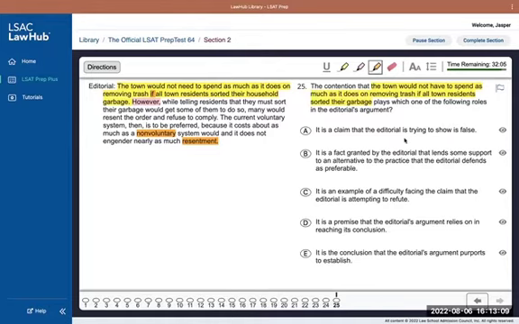No, they're not actually trying to say that it's false, that if everybody did this, then the town would spend less money. They're just saying that we can't force everybody to do it. Some people will refuse to do it if we tell them to. B, it's a fact granted by the editorial that lends some support to an alternative to the practice that the editorial defends as preferable. So, boy, we've got a lot of wordiness in this answer choice.